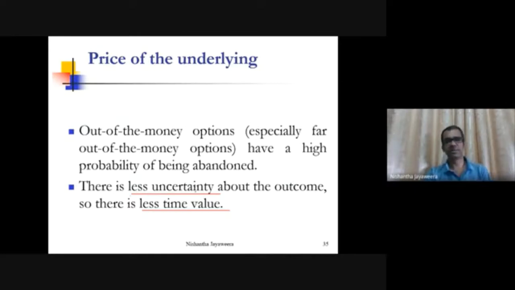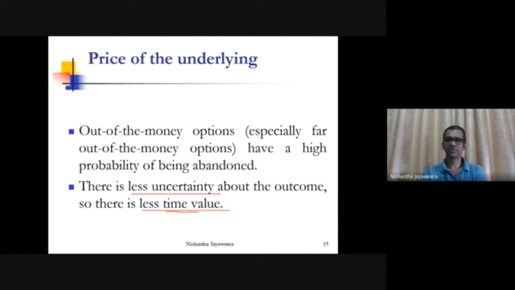So deep in the money, deep out of the money, in both cases, chances of getting back to the other state are very low, less uncertainty, therefore less time value. There's less time value for both deep in the money and deep out of the money options.